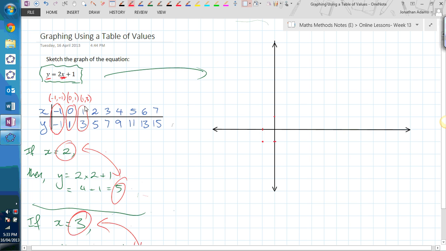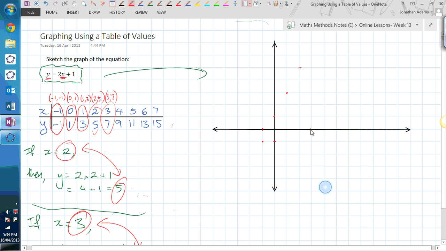Next point, 1, 3. 1 on the x, 3 on the y is up here. Next point, 2, 5. 2 on the x, 5 on the y. I'm going to run out of space pretty soon. 3, 7.